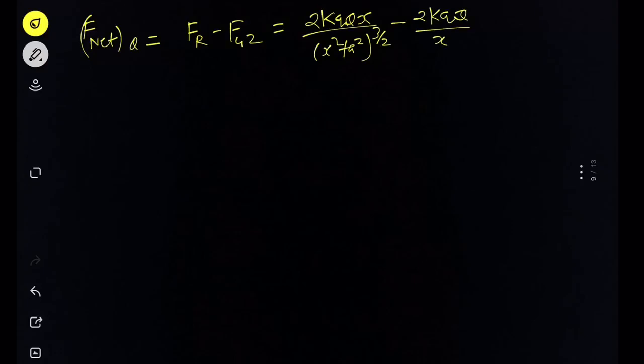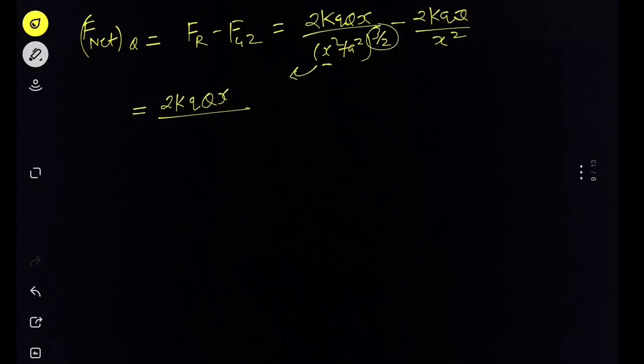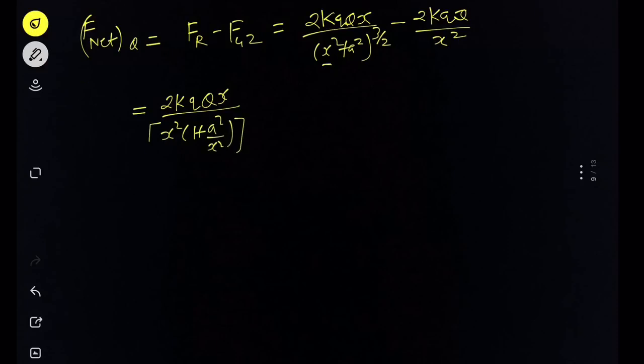From here also, I'm going to take x square as common. We can write 2kqQ x over, when I take x square outside, in the bracket I have a square over x square, and the whole bracket has power 3 over 2, minus 2kqQ over x square as it is.